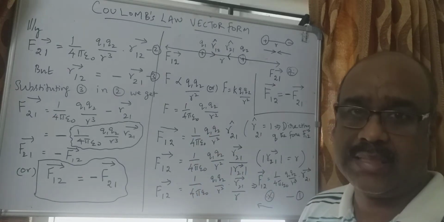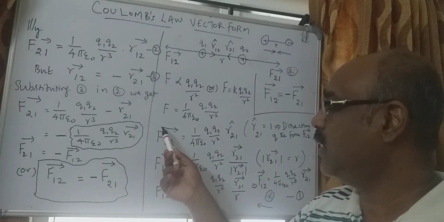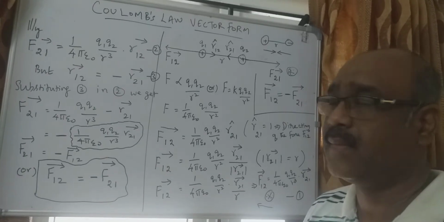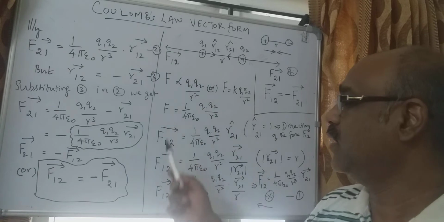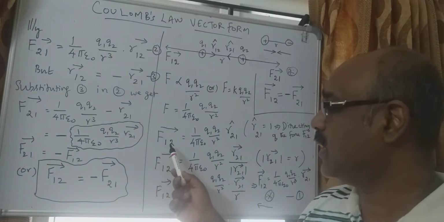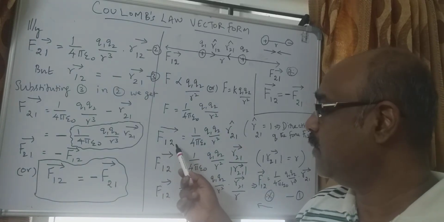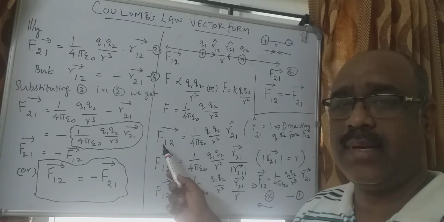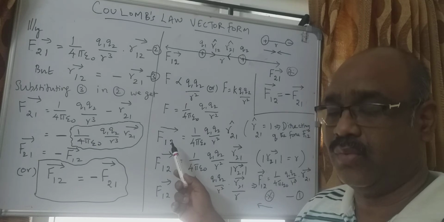Now, very important, I am denoting the force with a vector sign. Let us take this force exerted on the first object by the second object, the force exerted on charge 1 by charge 2.